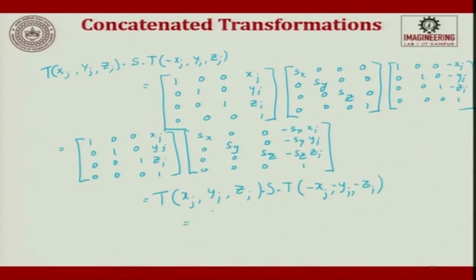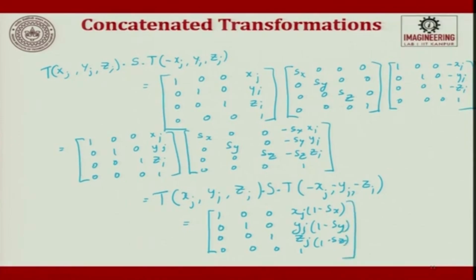So, this can be represented as 1 0 0 x j, 0 1 0 y j, 0 0 1 z j and 0 0 0 1, with the terms 1 minus Sx times x j, 1 minus Sy times y j, 1 minus Sz times z j, and this will be represented. This where we have started, we have done the concatenated transformation for the given object.